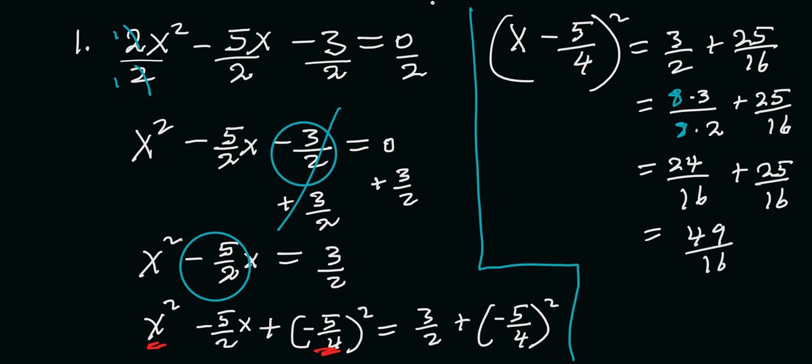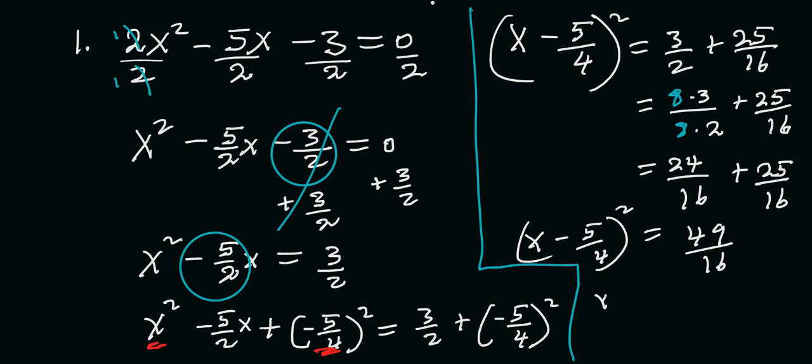So the equation becomes x minus 5 over 4 squared equal this. So now let's take the square root of both sides. If we take the square root of both sides, that will help to eliminate this square from here.